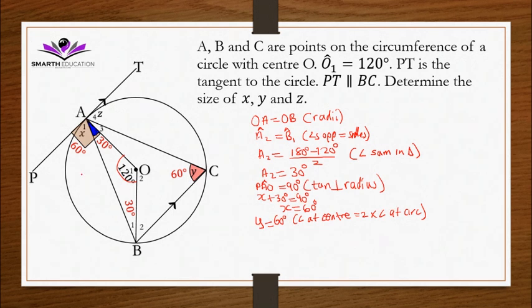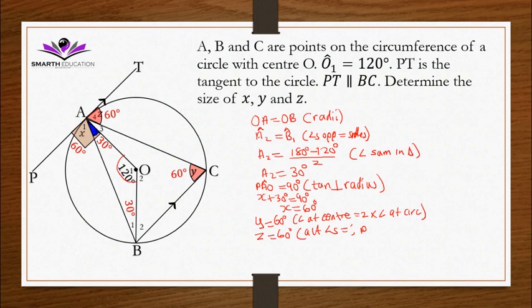And then now if you check, we have parallel lines PT and BC. So meaning that Z also is what? 60 degrees. Why? Because Z and Y are alternate angles. So Z is equal to 60 degrees because alternate angles are equal.